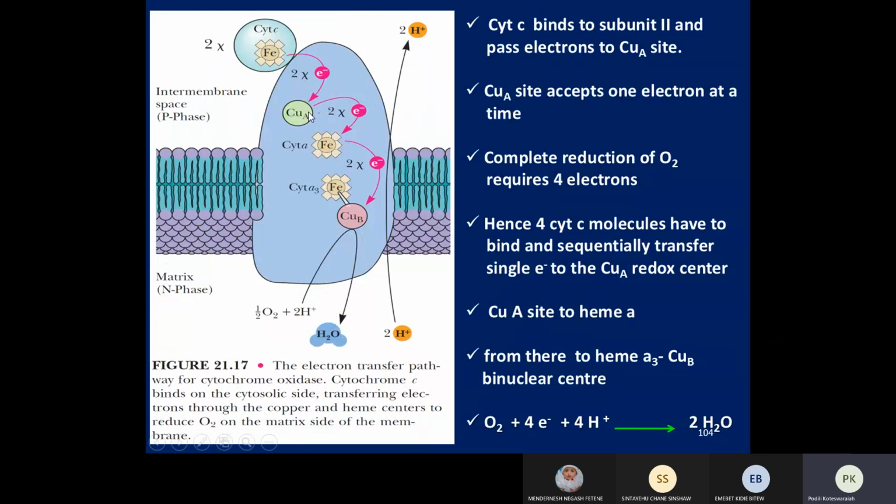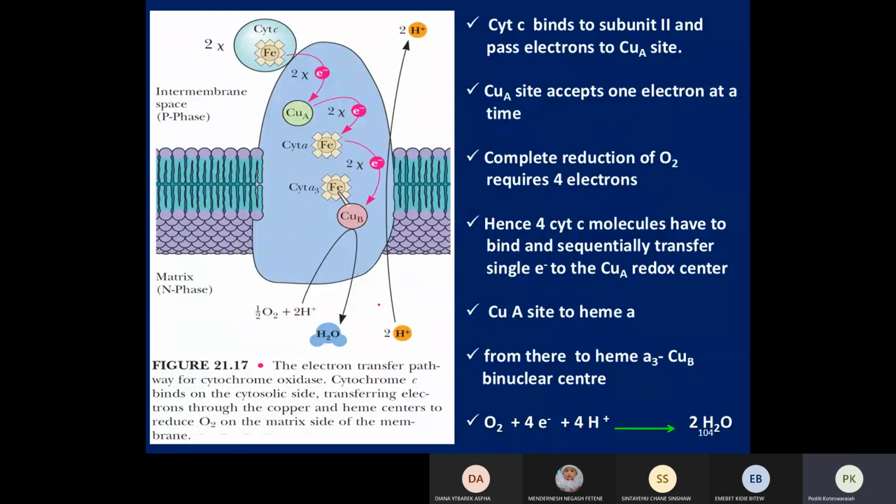As I already said, all these copper centers can only accept 1 electron at a time, and therefore for complete reduction of oxygen to water, we need 4 electrons.